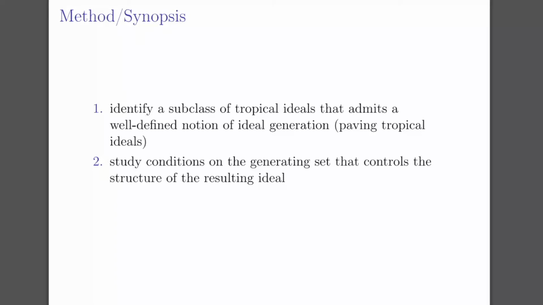So we're going to be able to determine a nice way of generating these things so we can control the output of our generating process. And then finally, we're going to use these conditions to construct and study examples. That's the specific outline of this talk.